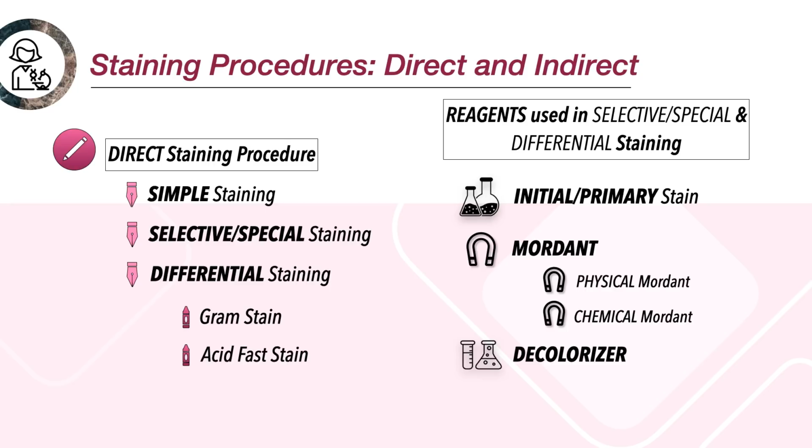And of course, we do not end there. Alright? The last equally important na reagent in these types of staining, yung selective and special or differential, we have your counter stain or secondary stain. Okay, what happens here, yung mga na-decolorize na mga bacteria doon sa after decolorization, syempre bibigyan natin sila ulit ng kulay through the use of the secondary stain.